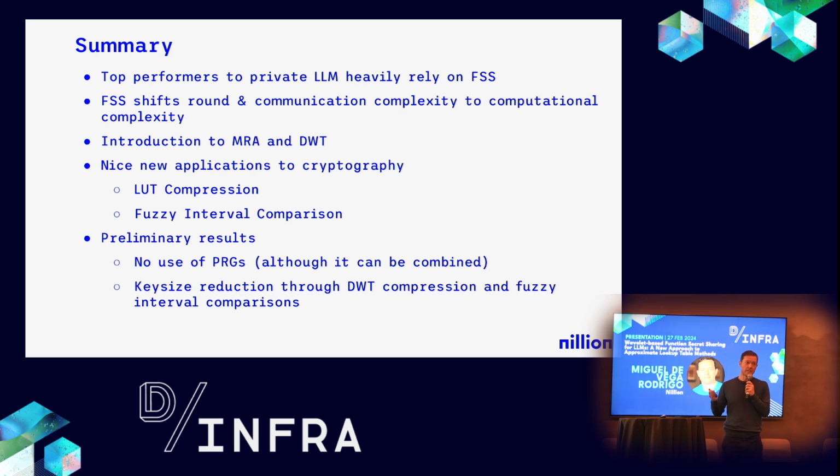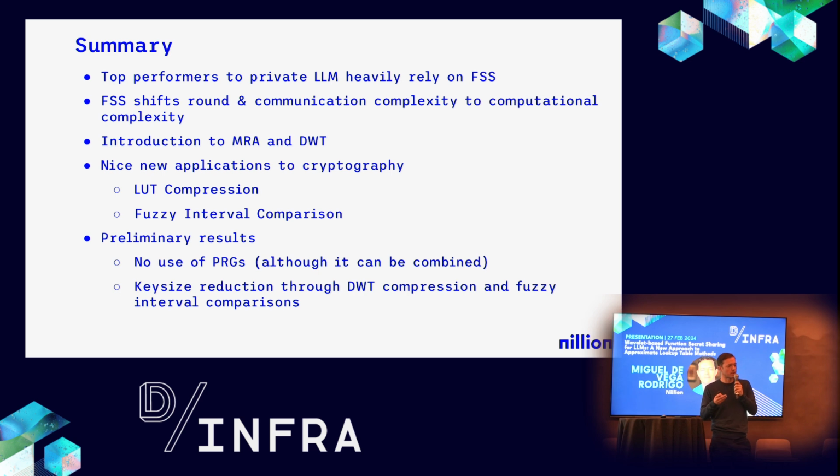And this technique, we have seen it for linear secret sharing. We think that it could have applications to FHE as well. We have seen it for large language models in AI, but we think that it also has applications beyond that. As long as the functions you're interested in are smooth, then you will have this DWT compression property that will enable a succinct representation of those functions in the form of lookup tables.